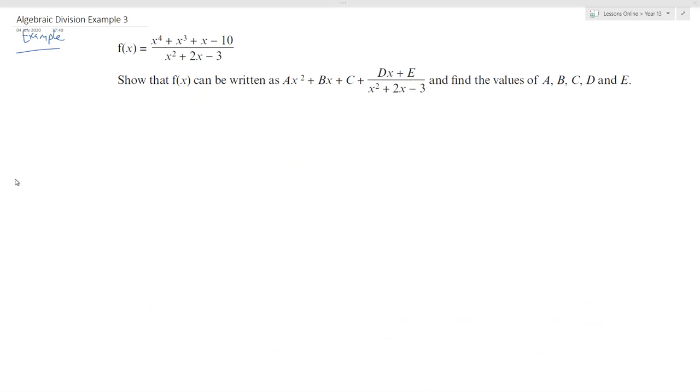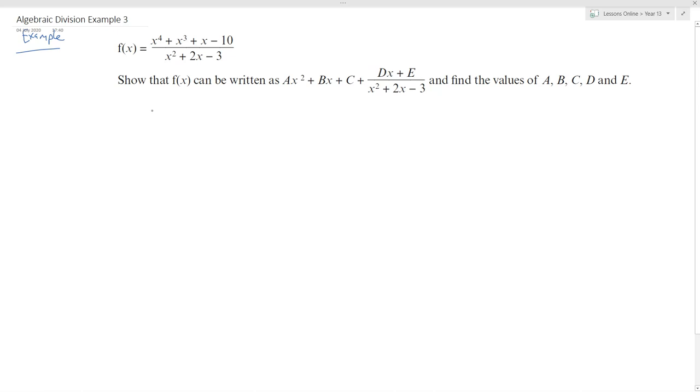Right then, the final example. Got to express this term, this algebraic fraction, in terms of ax squared plus bx plus c plus dx plus e all over x squared plus 2x minus 3. So that's going to be a division, algebraic long division, which will give me the first 3 terms and then the remainder.